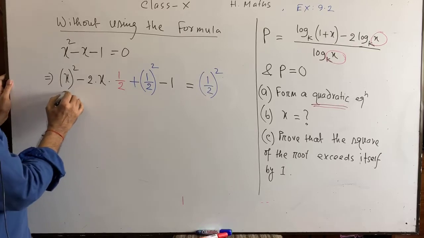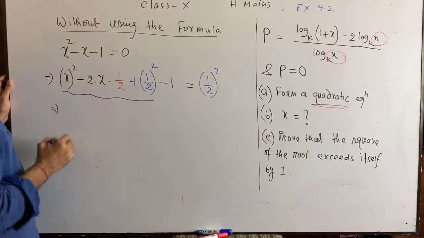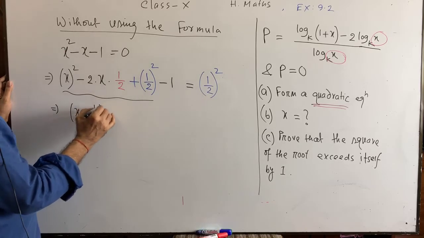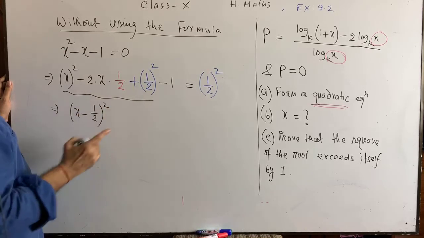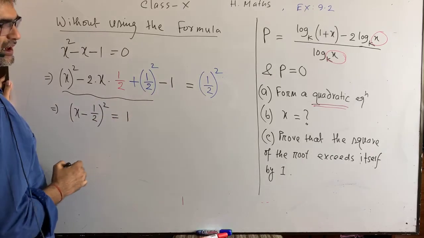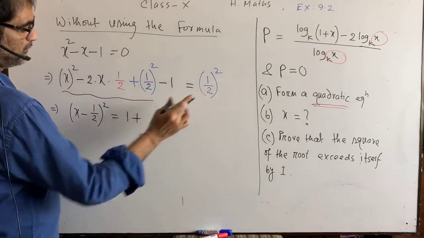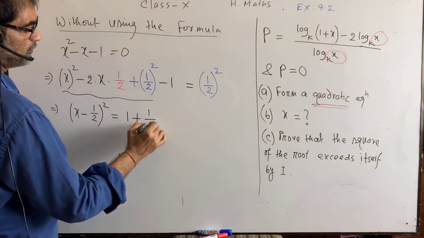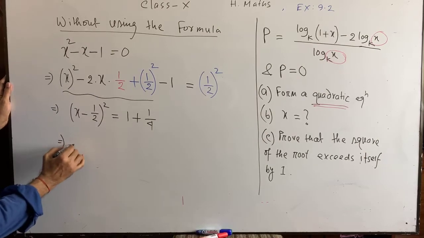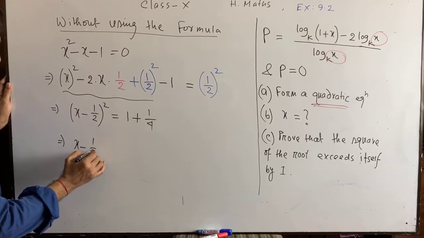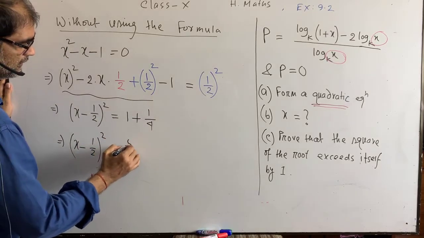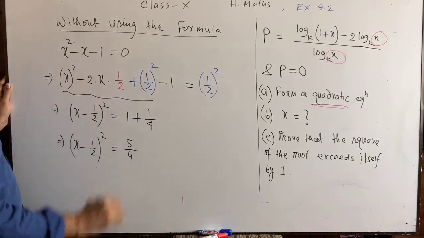A minus b whole square is equal to, this is minus 1, so on the right hand side it will be plus 1. It is 1 by 2 squared, that means 1 by 4. So x minus half whole square can be written as 5 by 4, right?